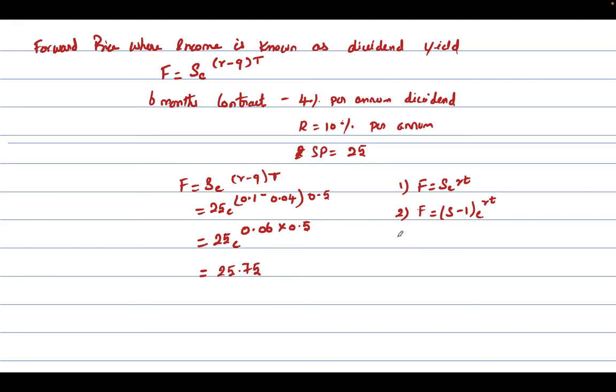If known dividend yield rate is given, forward price equal to spot price exponent R minus Q, that is the rate of dividend which is going to be yielded, into T. T stands for the time.